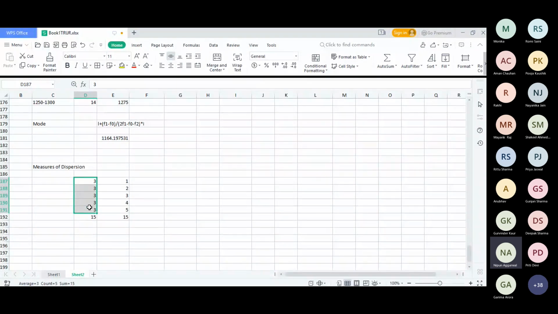But if we look at 1, 2, 3, 4, 5, you can see the difference, there is a dispersion. The value 1 is there and the value 5 is also there. So there are variations in this data, but in the first case there is no variation. The dispersion is 0.